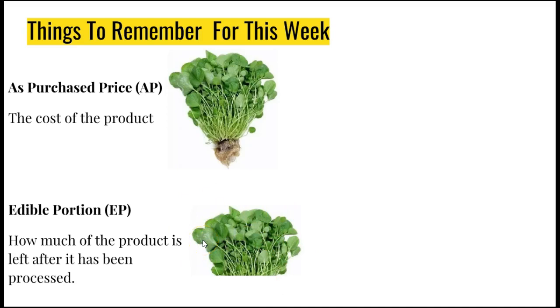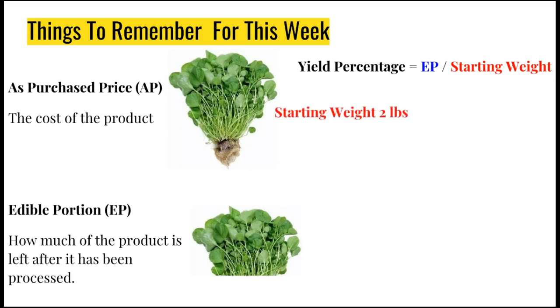Now, in order to figure out what that percentage is, because remember, the percentage will give us a more accurate picture of how your operation is doing, you are going to take that edible portion and divide it by that starting weight. So your starting weight is 2 pounds.